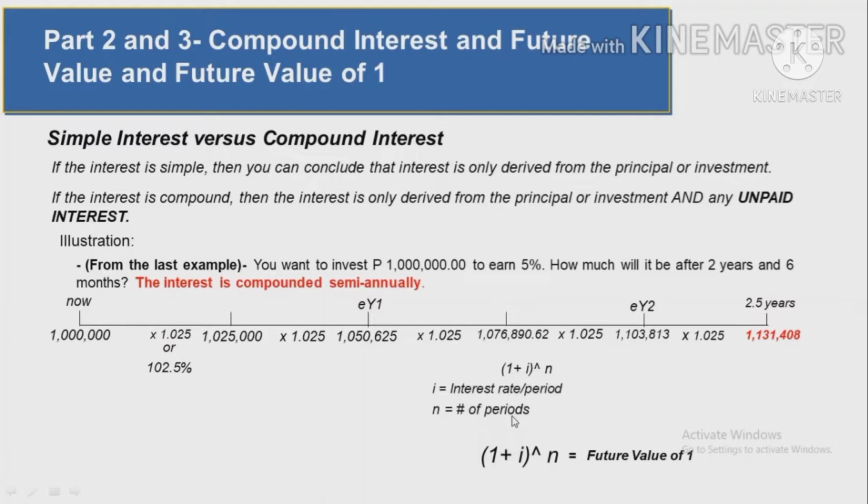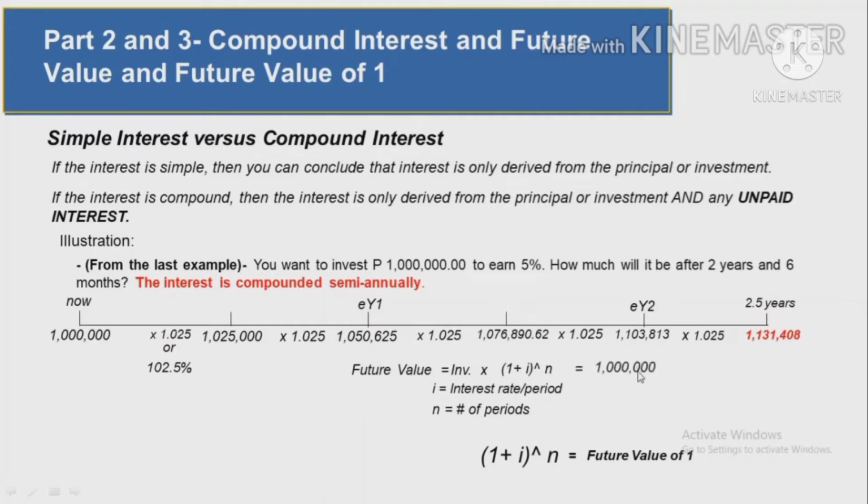So what will you do with this future value factor? You are just going to multiply it with the investment and then you're gonna get the future value of the investment. Or stated differently, in order to get the future value of the investment, investment times (1 + i)^n, or future value of 1. So let's try it with the recent problem.